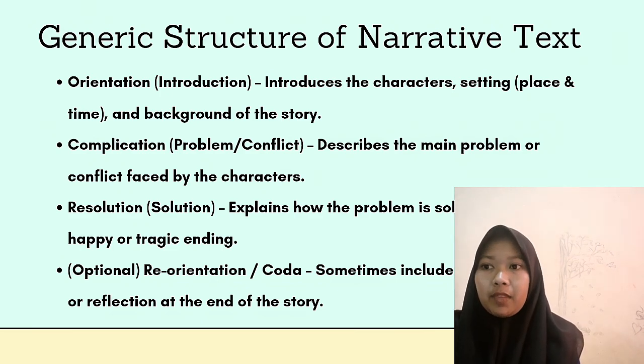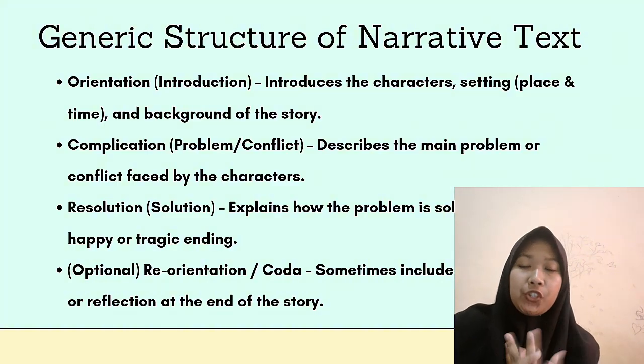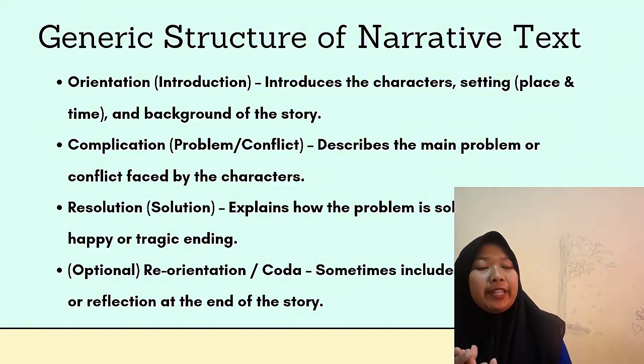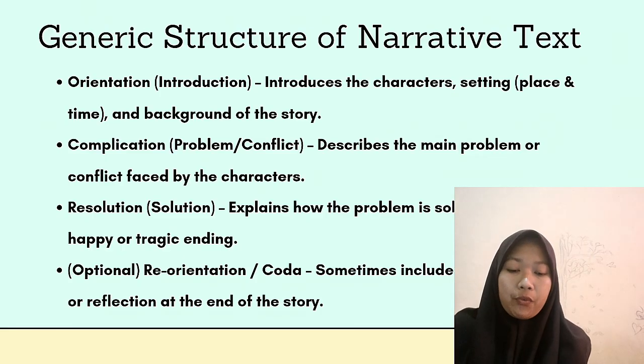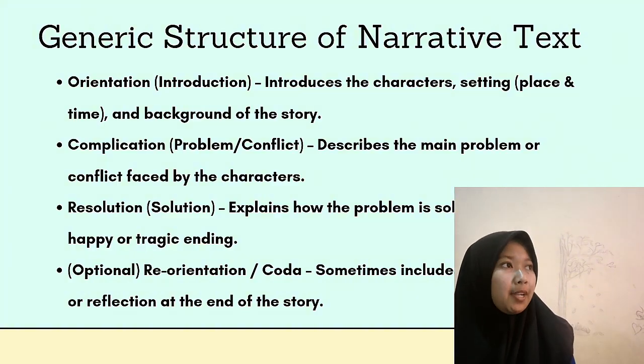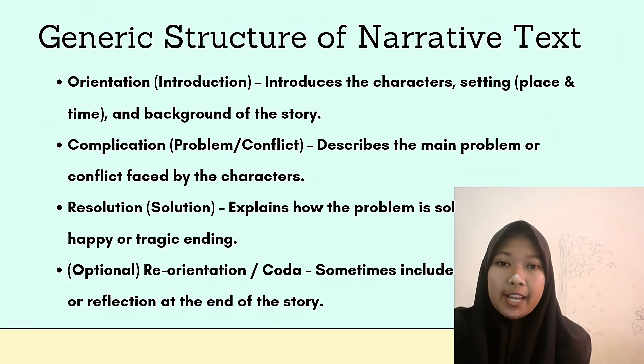And the second one is complication. Do you know what is a complication? Complication is the problem of the story. There is a problem in the story, so that is called complication.